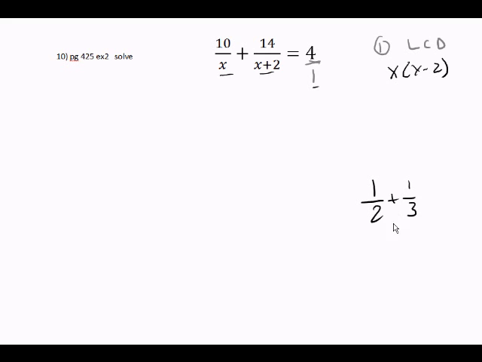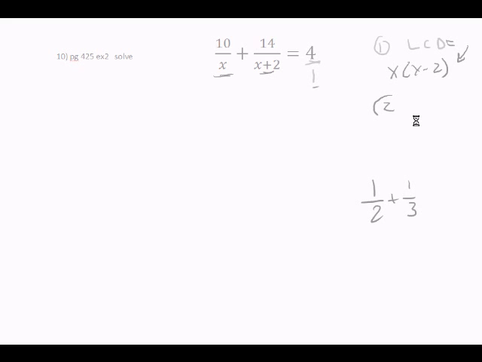Now, I'm going to erase this, but I'm going to show you. If I had 1/2 plus 1/3, what's the common denominator? Because you multiplied the two together, right? Do you see how I just multiply these two, x and x plus 2 together? That's my common denominator. See how I got that? Okay.